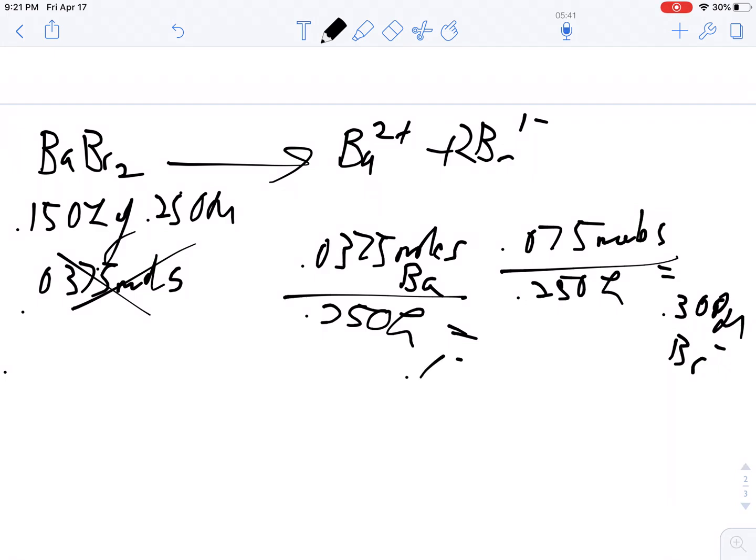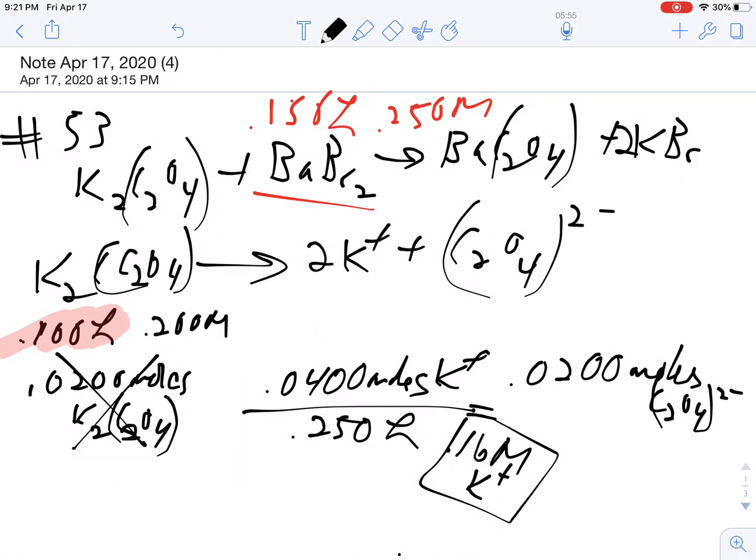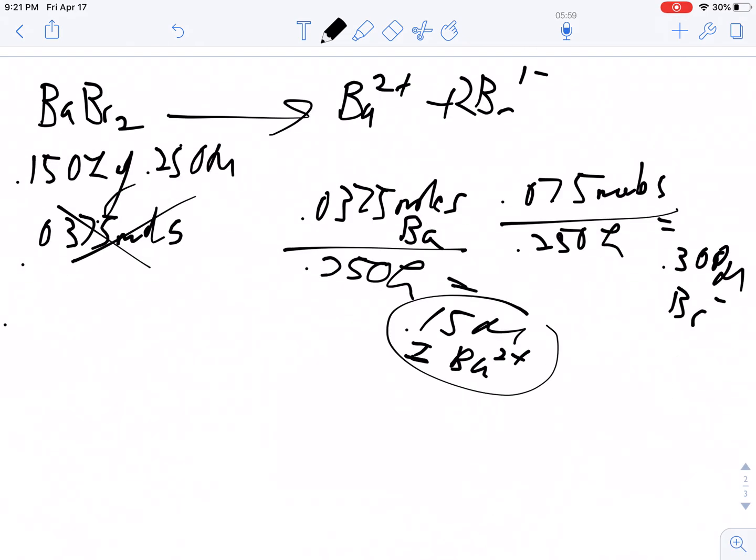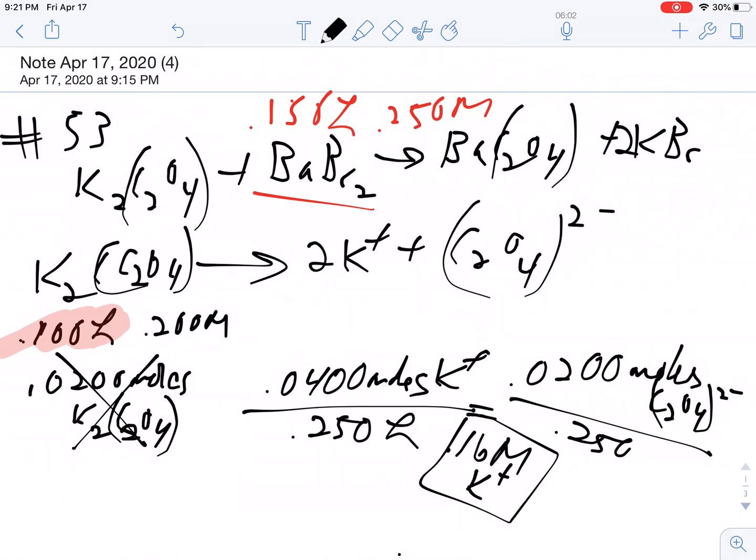This is 0.15 molar of barium. Okay, this is the initial concentration. Let's go back up to here. Wait a minute, did I divide by the right thing? Yeah, I did. Okay, of the oxalate.